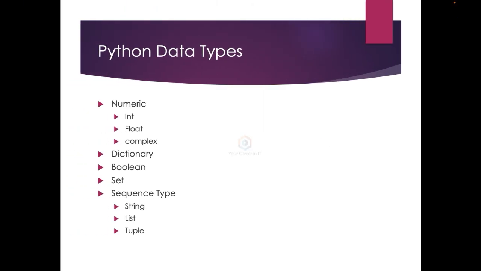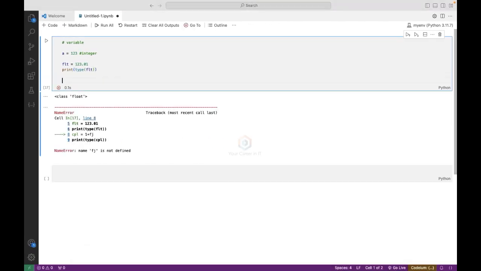Now the third one is a complex number. So here we declare a variable cpl equal to 5 plus 6j.